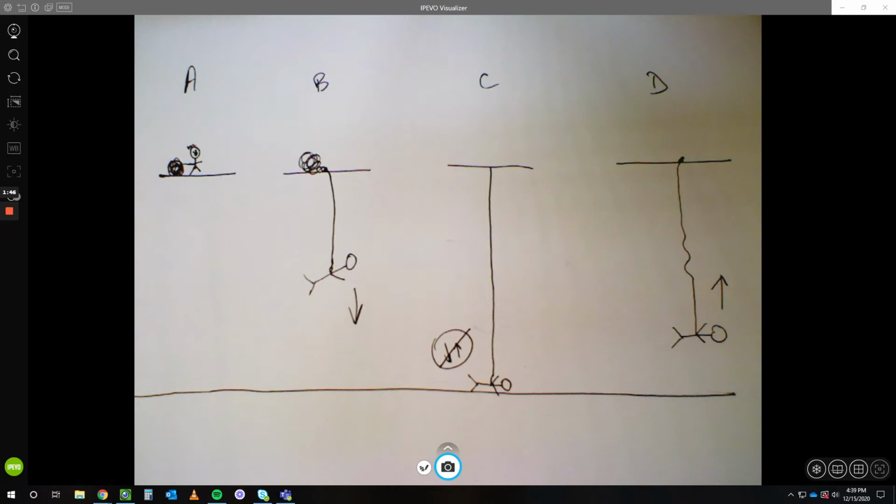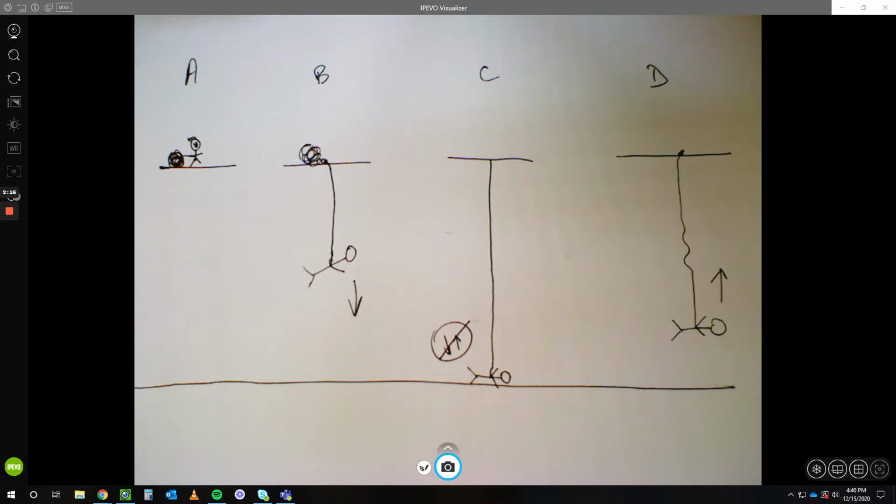Alright, so now I want to go over what types of energy each position has. Go ahead and take your time. We've learned about kinetic energy, which is the energy of movement. Then the different kinds of potential energy. We've learned about gravitational potential energy, being the energy that's stored in an object because of its position, which over here would be the height.